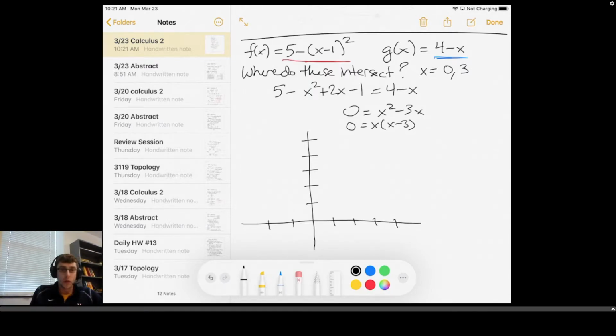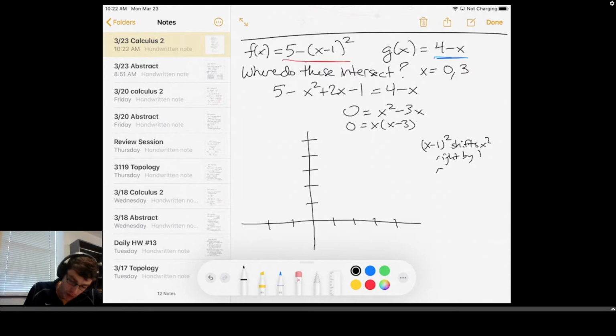Right, shift by 1, down facing, up 5. Yeah, exactly. So use the fact that you know what x squared looks like. And then x minus 1 squared is going to shift right. So x minus 1 squared shifts x squared right by 1.